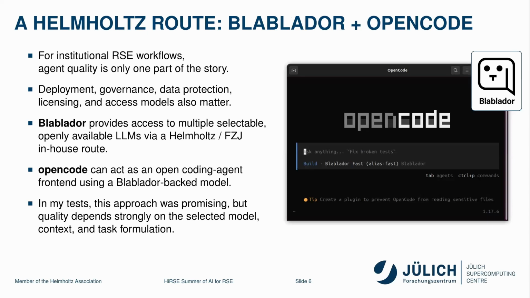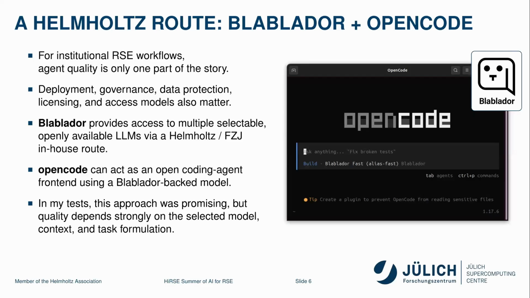So for institutional RSE workflows, the agent quality is only one part of the story. For institutional workflows, things like deployment, governance, data protection, licensing, and access models also matter. In Helmholtz, we have BlaBlaDoor.